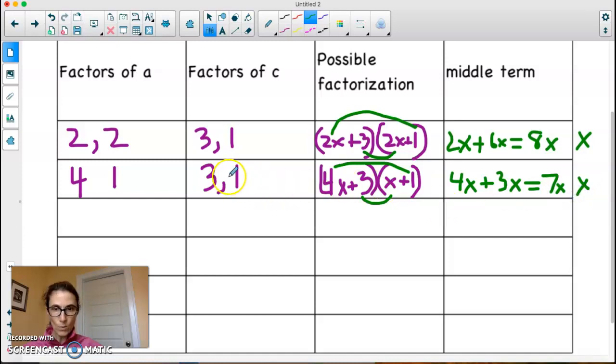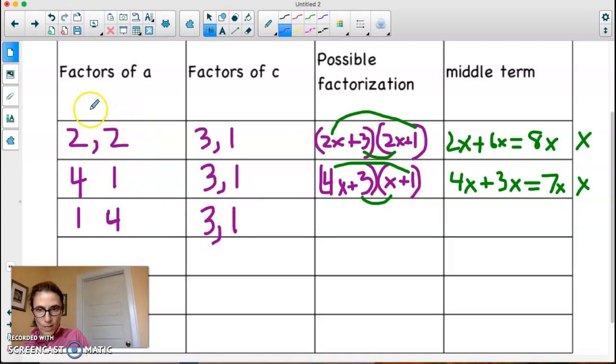We tried that. Now we're going to flip these two factors of A around and try that combination. Since they're different, this time we're going to use 1 and 4 and 3 and 1.